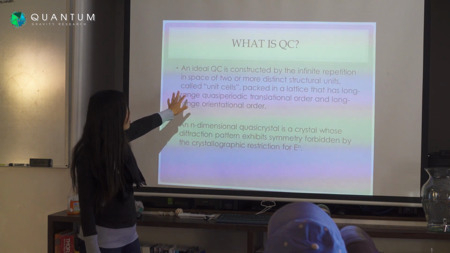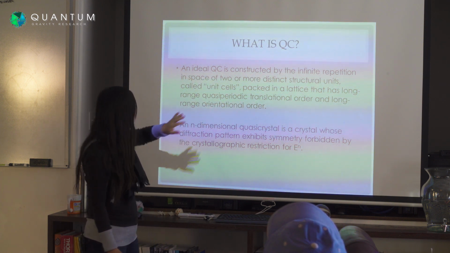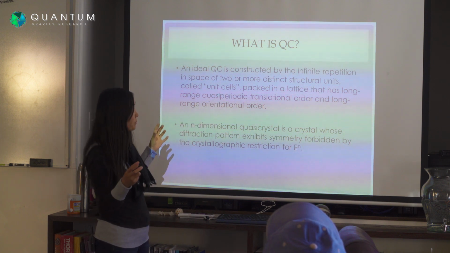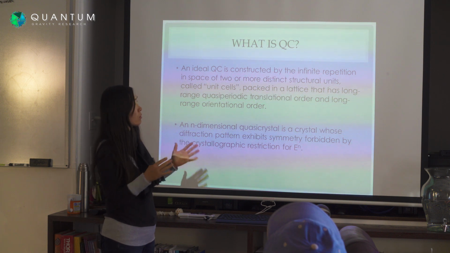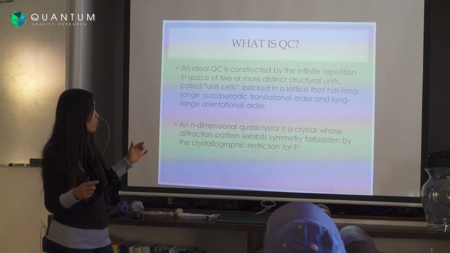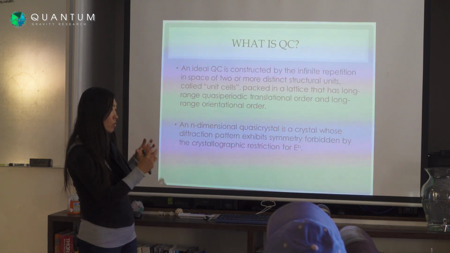So some keywords. There has to be a finite number of unit cells, and the unit cells repeat and pack a space or a lattice that has long-range quasi-periodic translational order. It does have translational order.